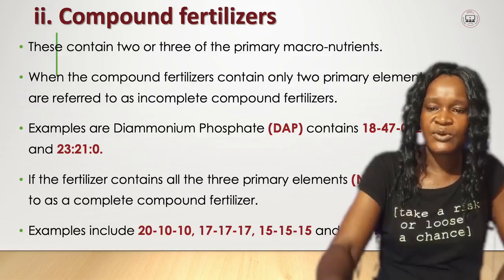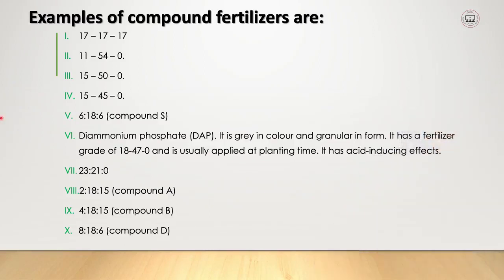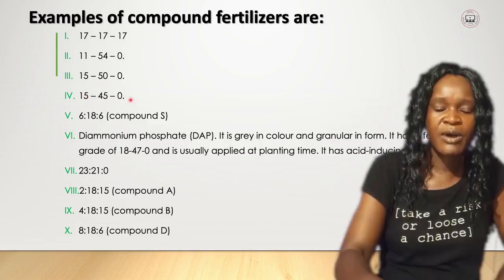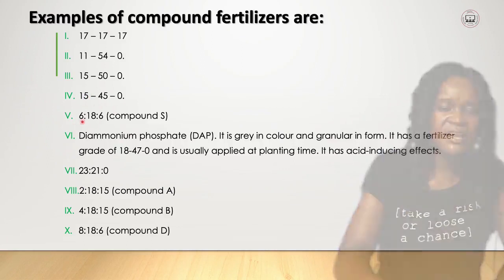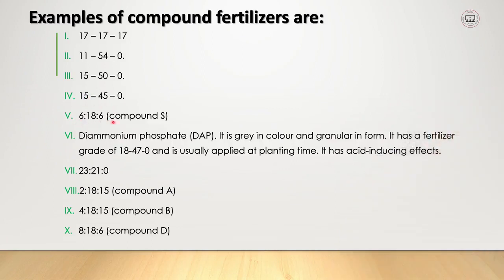Those are names of fertilizers. So the complete examples are listed here. We have 17-17-17, 11-54-0, 15-50-0, 15-45-0. That's the type name of compound fertilizer. 6-18-6, the other name we call it compound S.